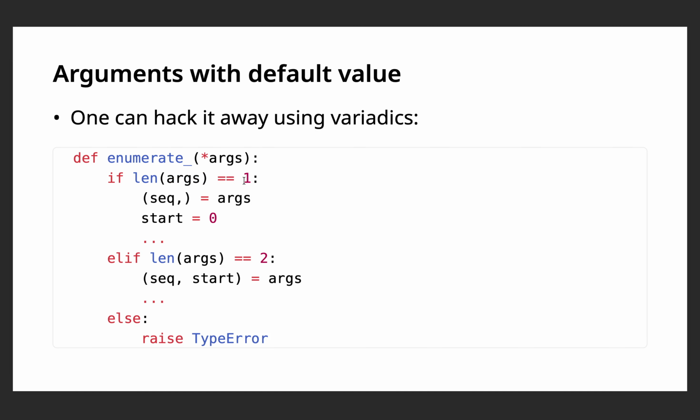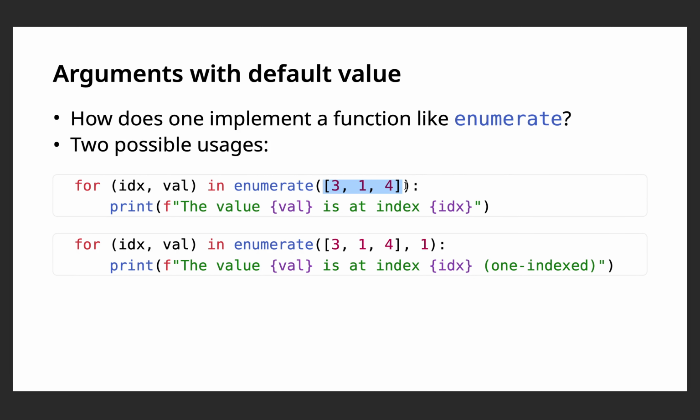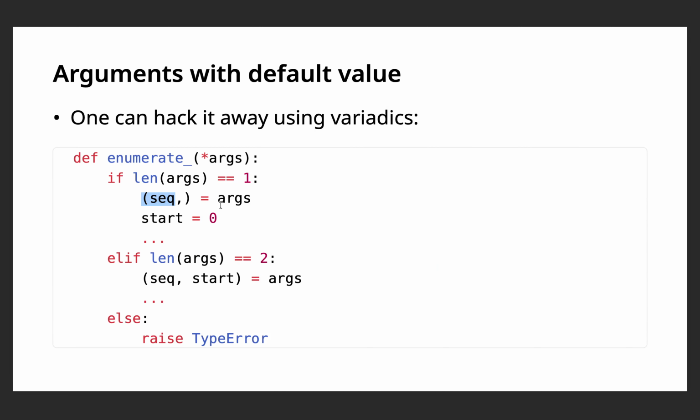If you get one argument, then that argument is just your entire sequence. So you have sequence is equal to arguments. Remember that arguments here is a tuple. So you're destructuring this tuple of one element, where that element is the sequence itself. So your starting index is 0, and you do what you need to do over here.